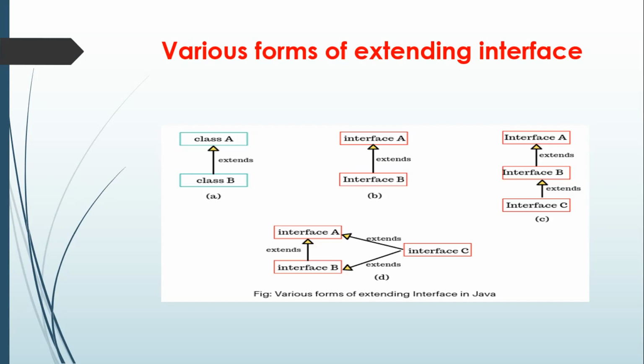Just like here, interface C extends interface B and interface B extends interface A. So by default, interface C has the properties of both B and A. In the same way, in the diagram, interface B extends interface A and interface C extends both interface B and A. So these are the various forms of extending an interface in Java.